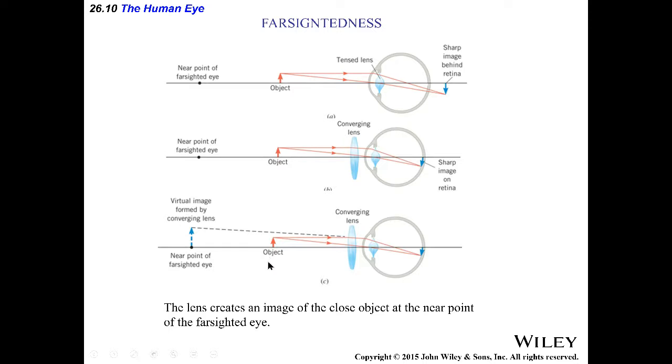So this shows the rays to help us appreciate the difference. If you have an object that is close and your eye is far-sighted, so it is not able to focus, right? Then what happens is you bring this with a converging lens.